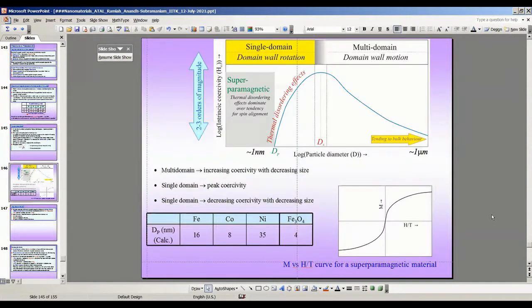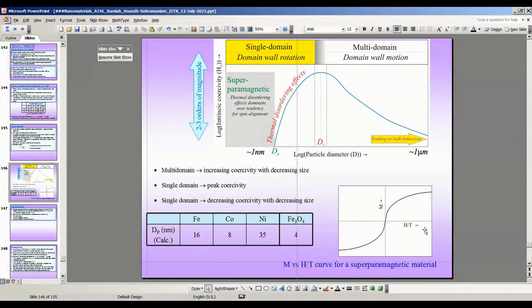Now, if the amount of material is less, what happens? The thermal disordering takes over, and therefore at a certain small particle size, and as a thumb rule you can remember, reducing the particle size is as good as increasing the temperature. And what happens when you increase the temperature in a ferromagnetic material? It becomes paramagnetic. So here you're reducing the size to produce a paramagnetic material, and such a material is called super paramagnetic.